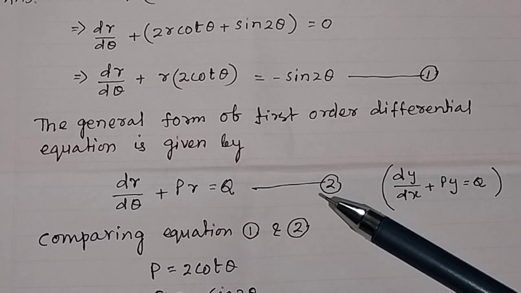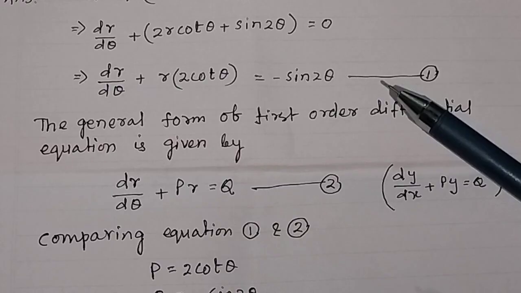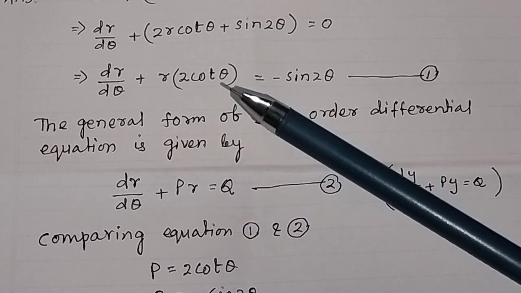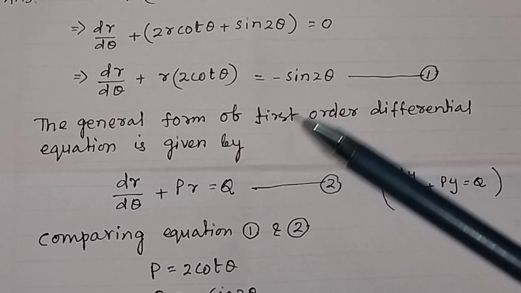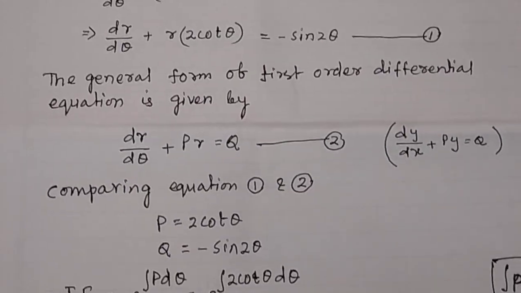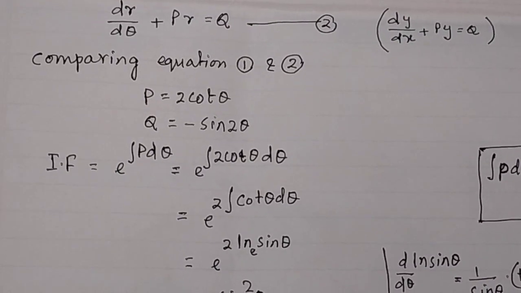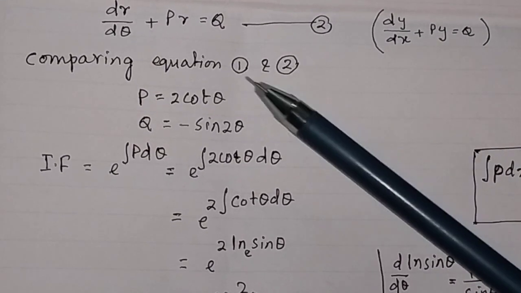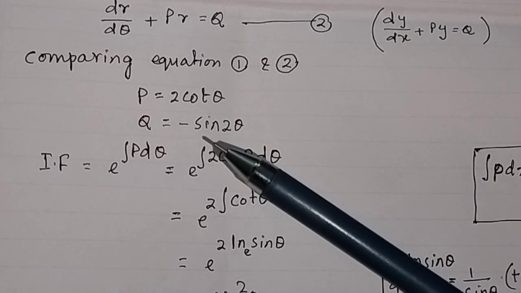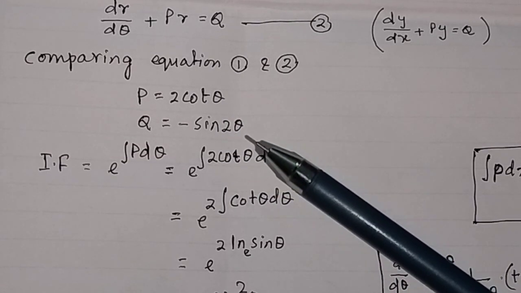Suppose this is equation number 2. So if you compare equation 1 and 2, then the value of p will be equal to 2 cot theta and the value of q will be equal to minus sin 2 theta.